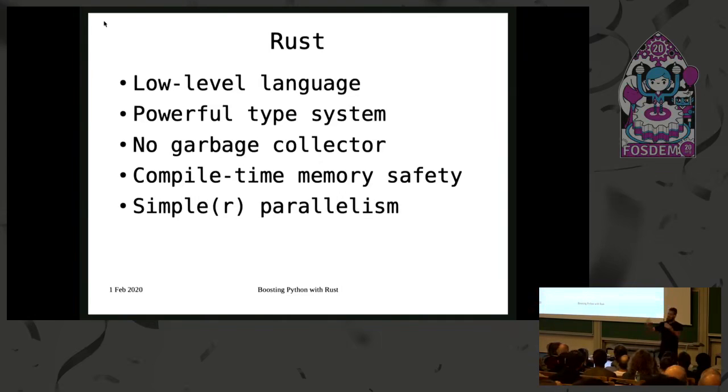If both have garbage collectors, you run into some very tricky problems, so that's nice. It has a lot of compile time memory safety. Some people might argue that it's too much or too little, but it has more than C does, and it allows for simpler parallelism than if you were to write the same code in C or Python, for example.